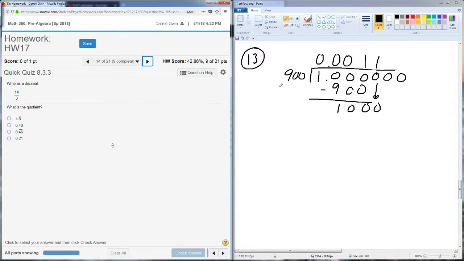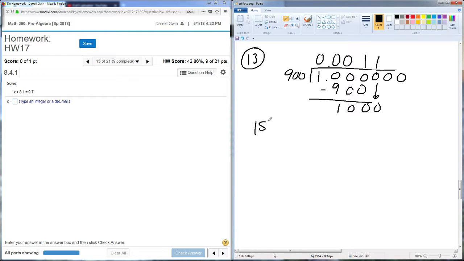Let's skip number 14. Go straight to 15. Solve this equation by either removing decimals and solving it, or dealing with the decimals. I think it's better here to just deal with the decimals.